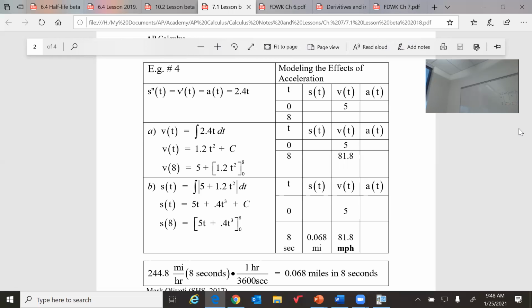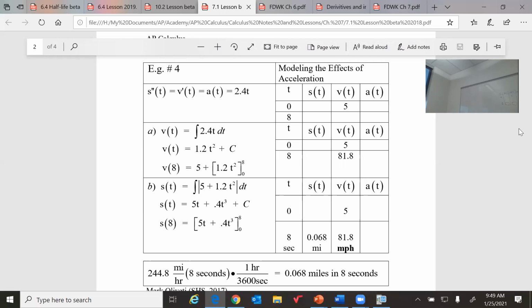So now what? Well, we're going to anti-differentiate acceleration in order to get velocity. So we were given 2.4t. So we do the power rule in reverse. And we get 2.4 t squared divided by 2, which is 1.2 t squared plus the constant.